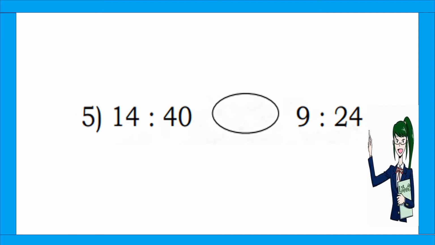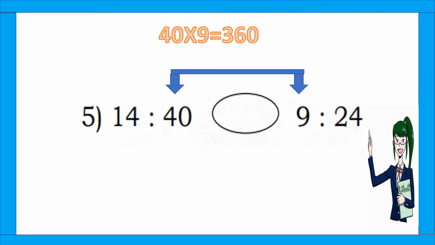Number 5. 14 to 40, blank, 9 to 24. The means are 40 and 9. Get the product of the means. 40 times 9 equals 360.